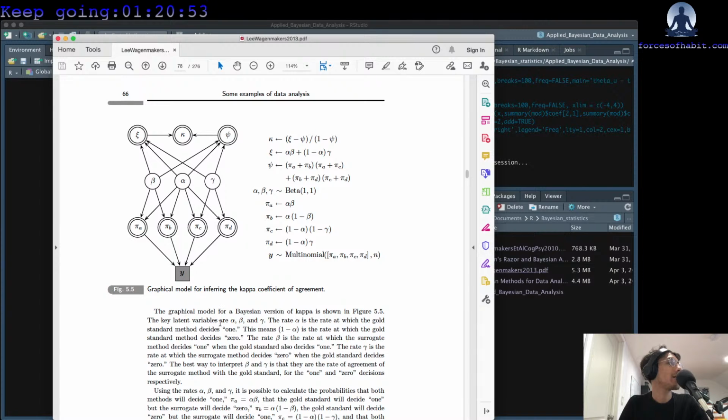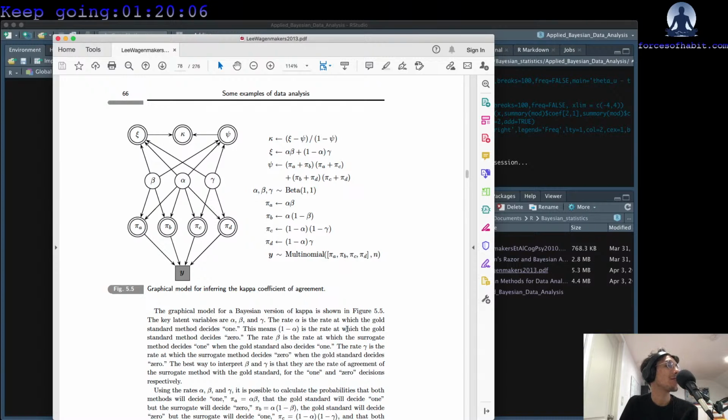Here's the rate of 1. So this is a rate of agreement, agreement for 0 and agreement for 1. And this is, I guess, the base.